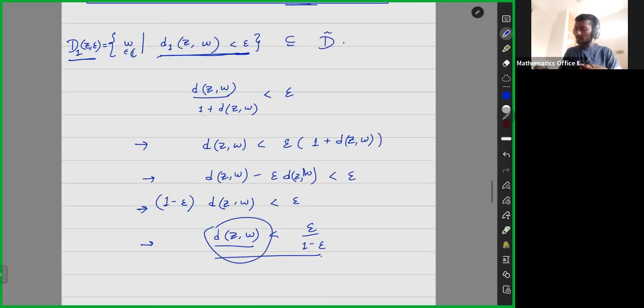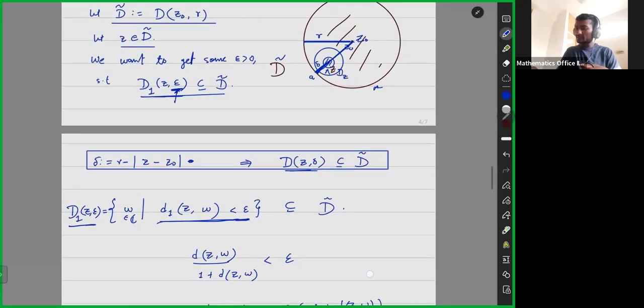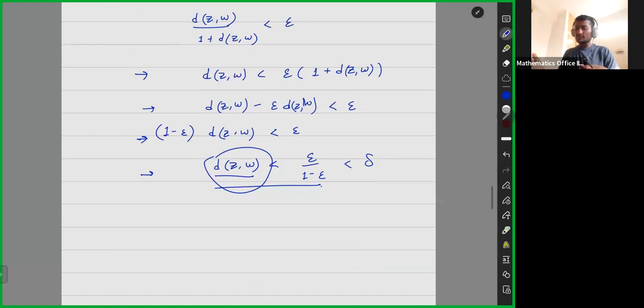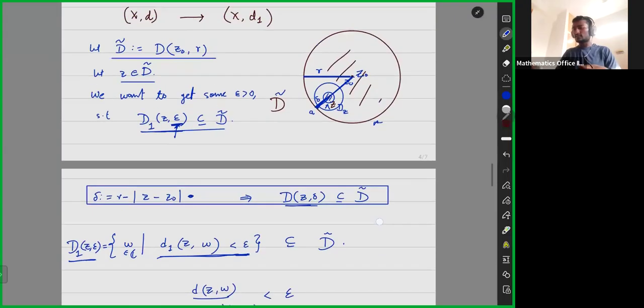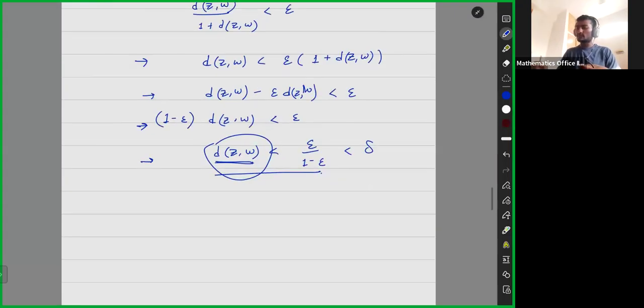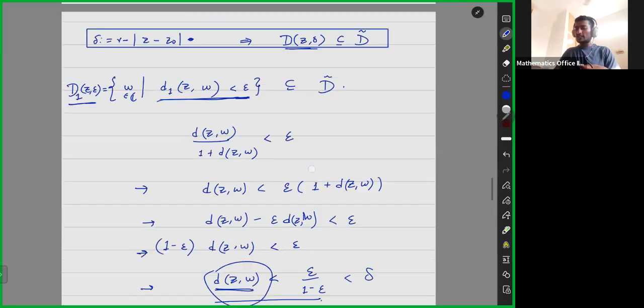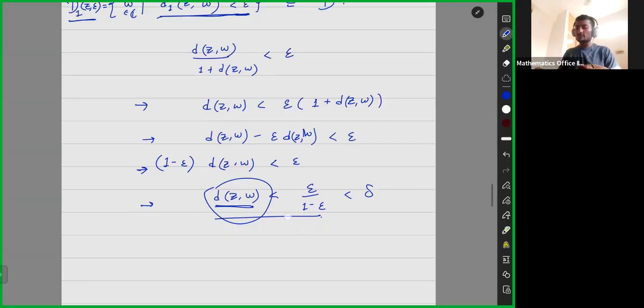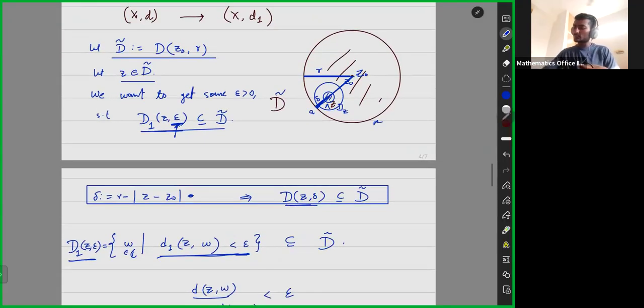This part should be less than delta, so we bound it by delta. Delta is the biggest d(Z,W) which is contained inside the ball D delta. From here we will calculate epsilon. Epsilon is what we want to calculate and delta is known, so don't be confused here. Delta is this length. Let me change the color to white. This is delta.